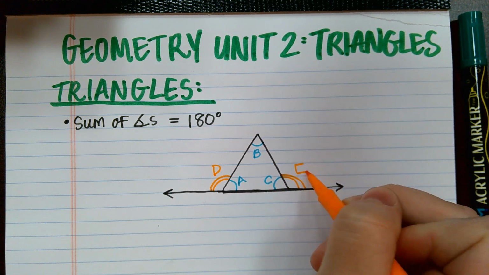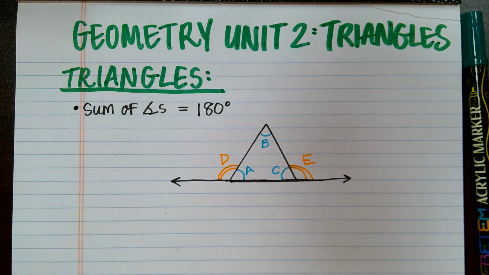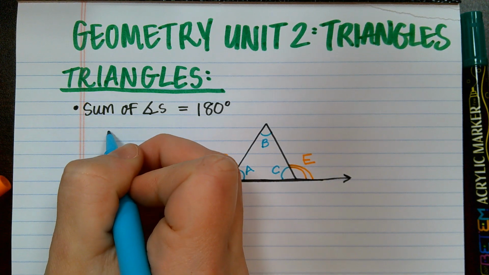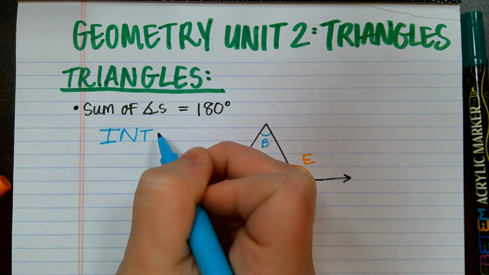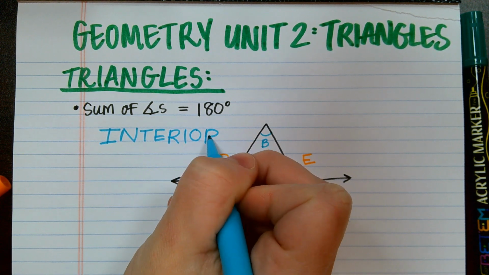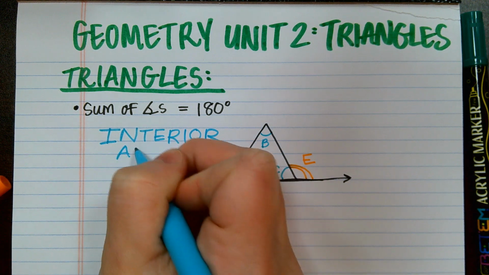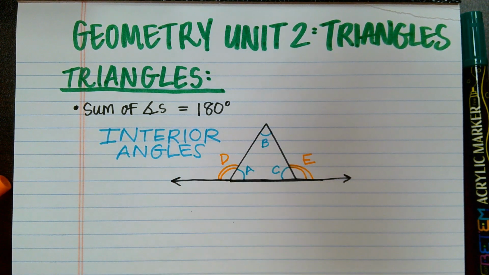Now, we're not solving for anything right now. We're just going to label these. So, angles A, B, and C are what we call interior angles. Those are just the angles that are inside of a triangle.